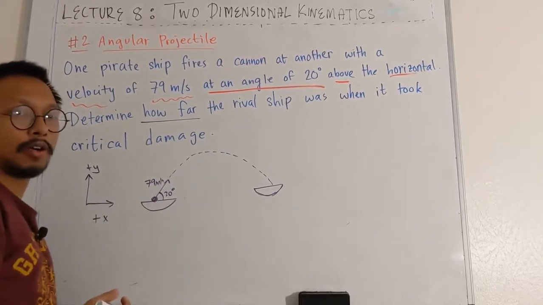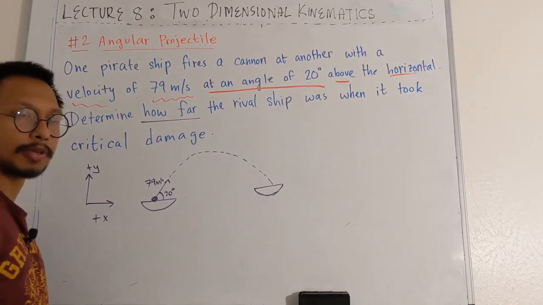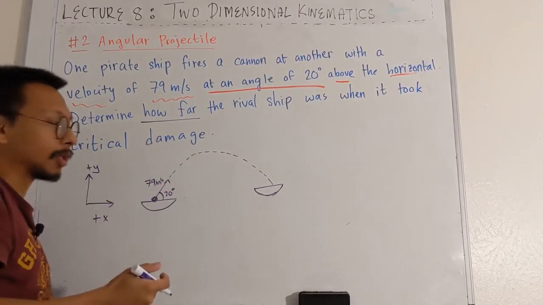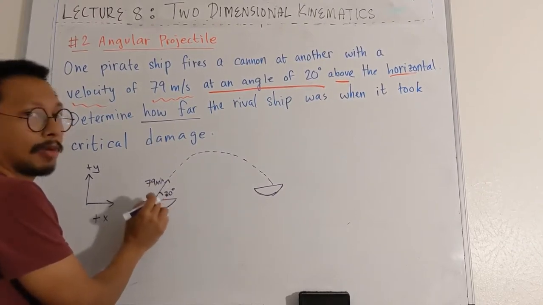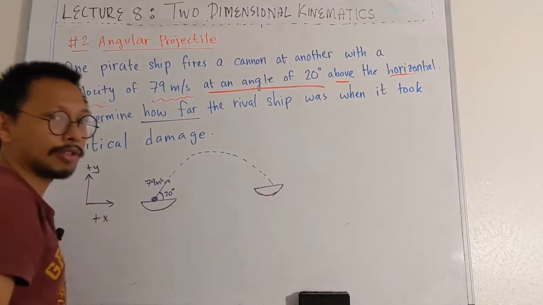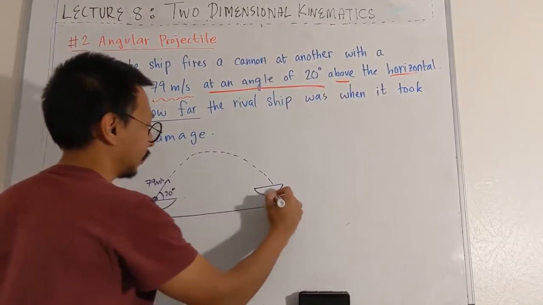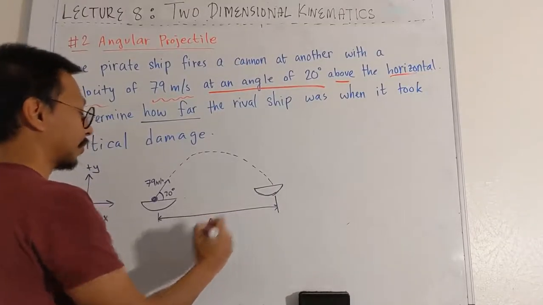How far will always mean a horizontal displacement. How high would mean a vertical displacement. So we want to know how far the cannonball traveled horizontally to hit the rival ship critically. So we want to know this displacement.